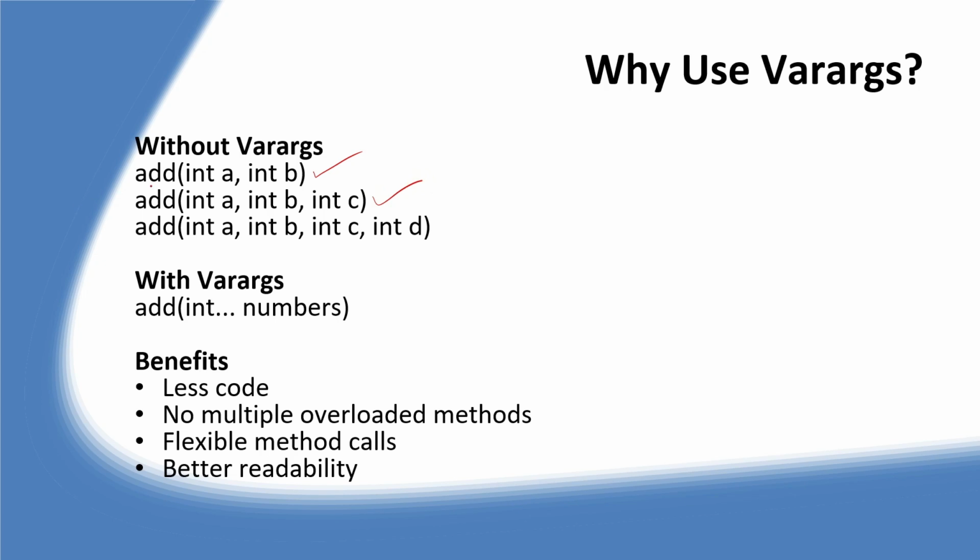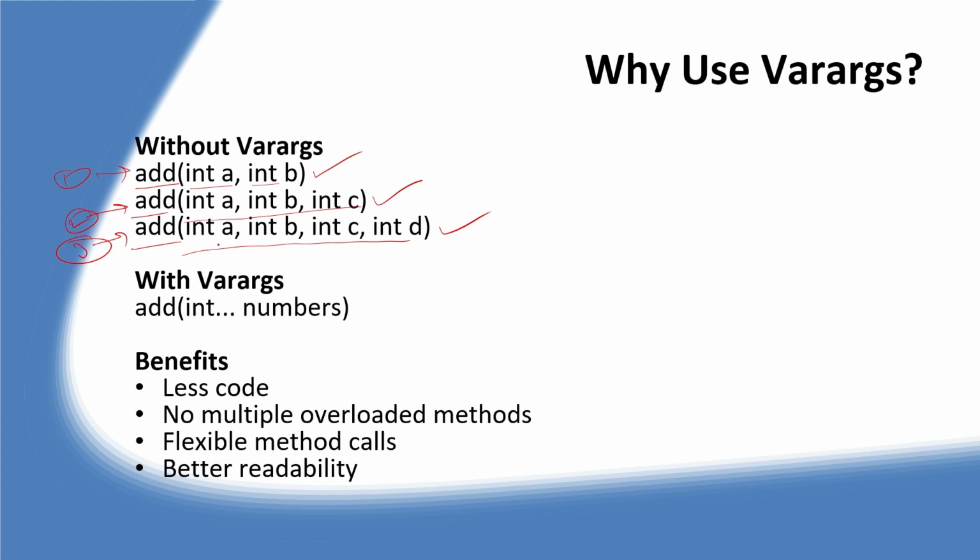We are overloading the method, remember, same method name but different parameters. We want to add one number, two numbers, three numbers, so we are defining it three times, overloading the same method again and again.